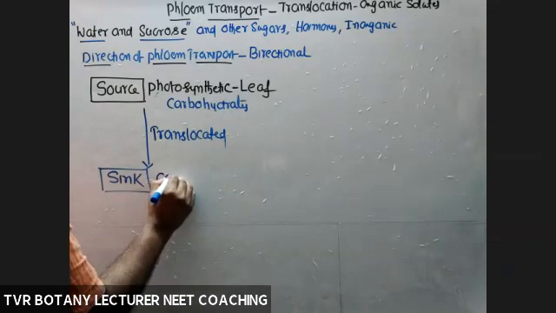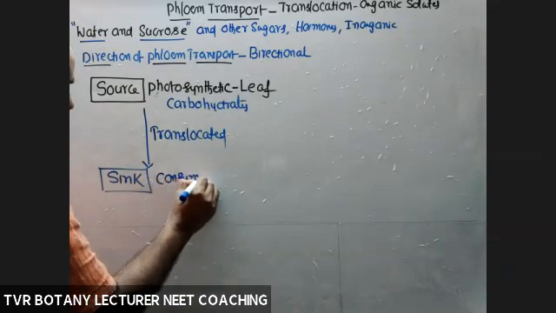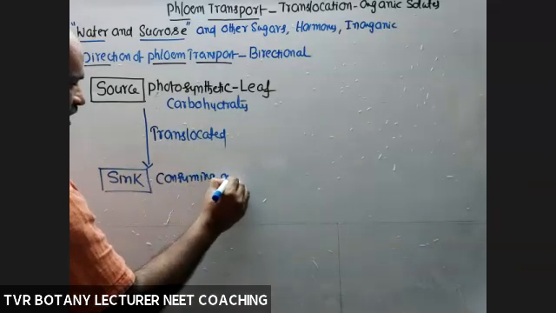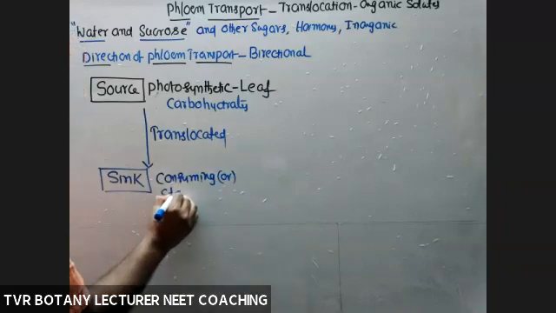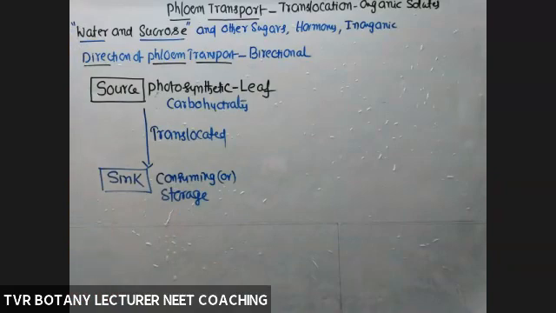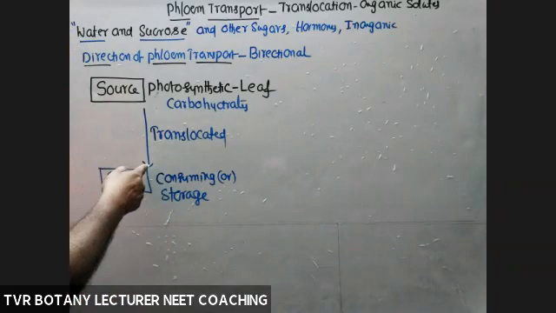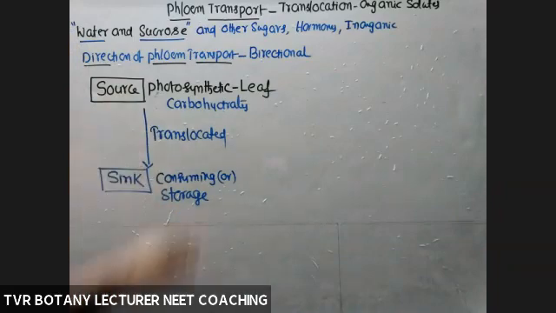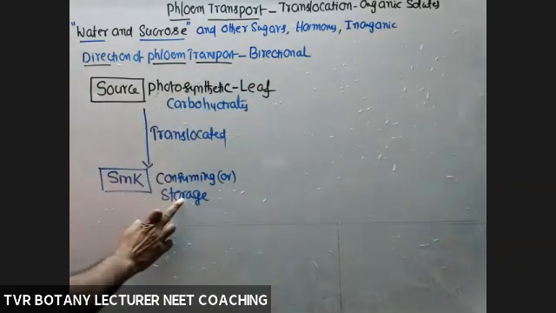So a consuming one or a storage organ. That may be a storage organ also, a storage root. So according to this, it is unidirectional, in this case from leaf to root.